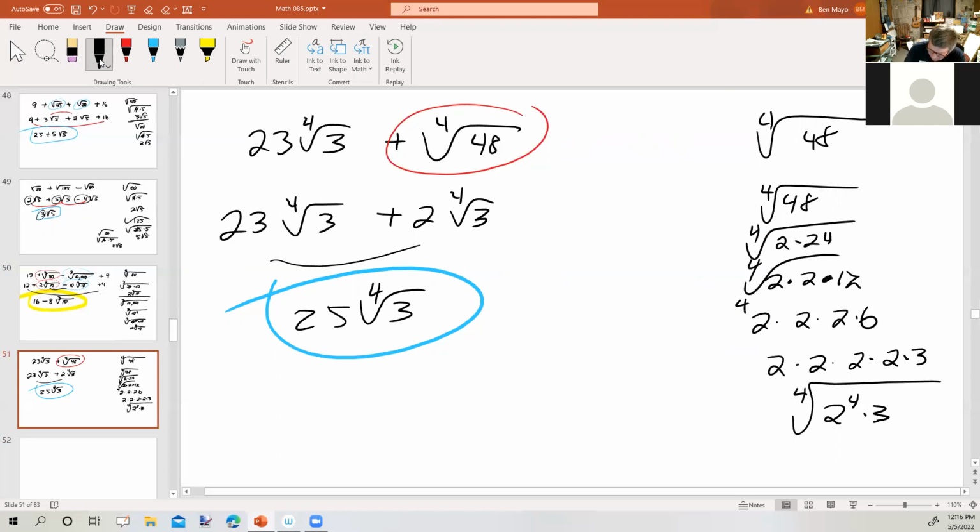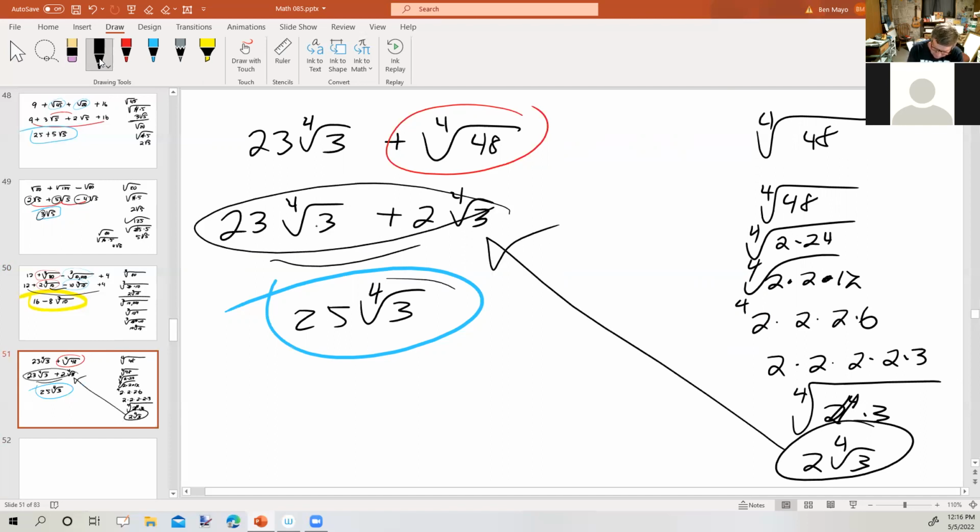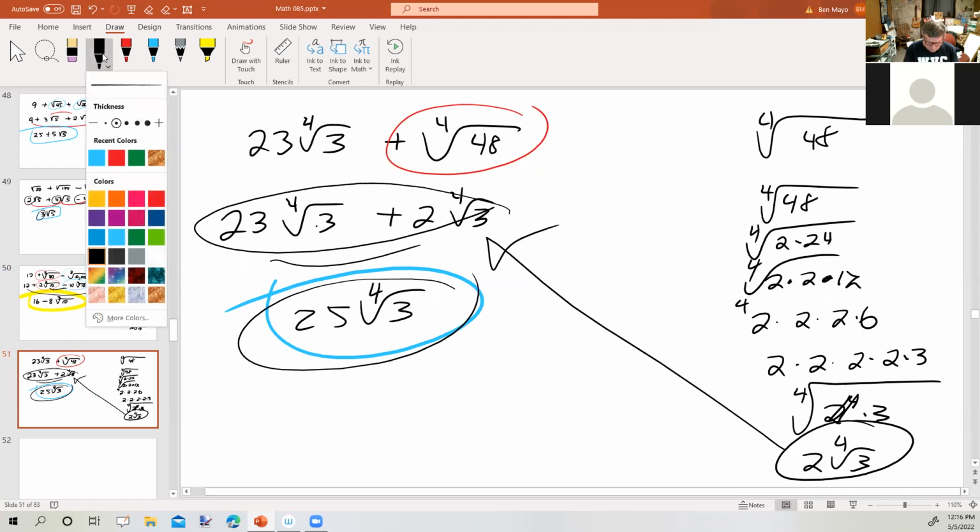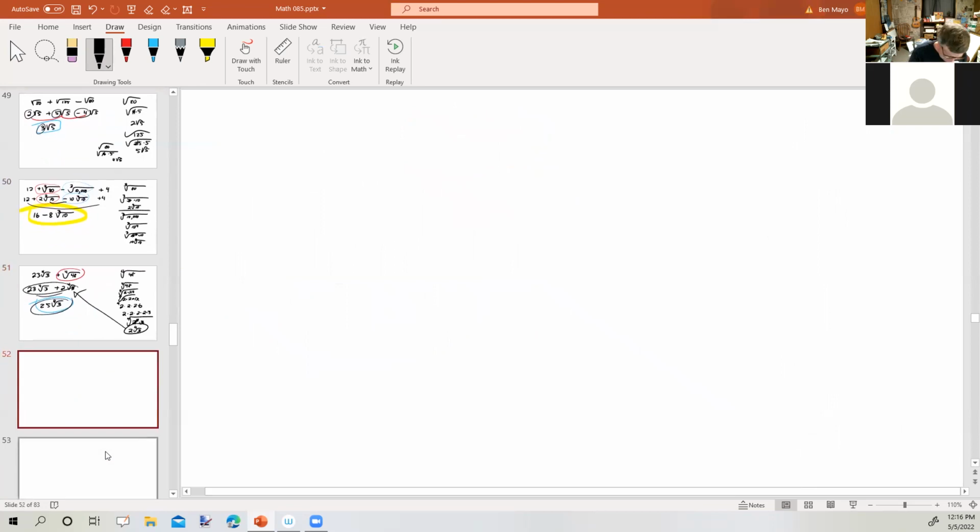The 4th root of 2 to the 4th is a 2 outside, and I've got a 3 inside. And that's where I got that, which then combined with that to give me that. So you're simplifying each radical first. You okay with this one? Yes. Look at another one.